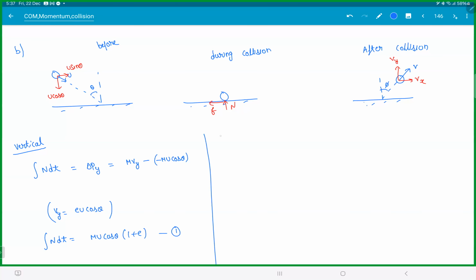But I know integral N dt is m u cos theta (1 plus e). So Vx would be u sin theta minus mu u cos theta (1 plus e). That's your answer. But again, whenever there's friction, there is always a catch.